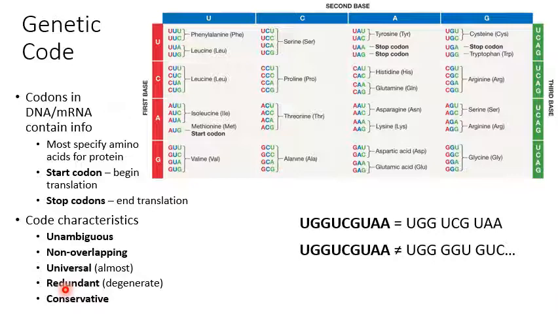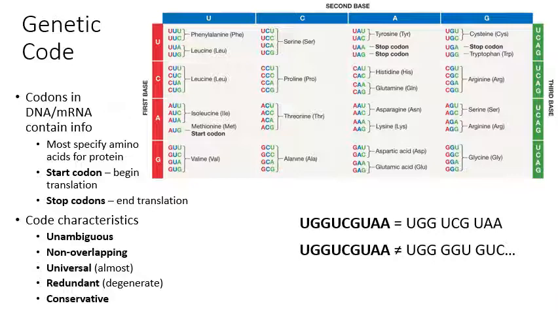In addition to the start codon, you have stop codons. You have 3 different stop codons. Here's UAA, UAG, and then the third one is UGA. Those codons do not mean an amino acid, they mean stop instead. So when the ribosome is reading mRNA, it's going to look for the AUG, the start codon, and it's going to start reading there.